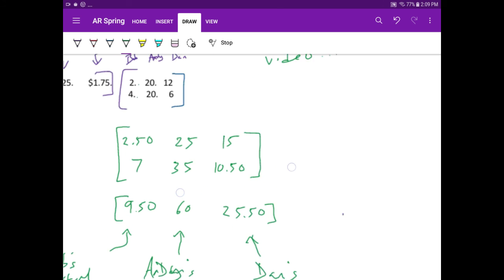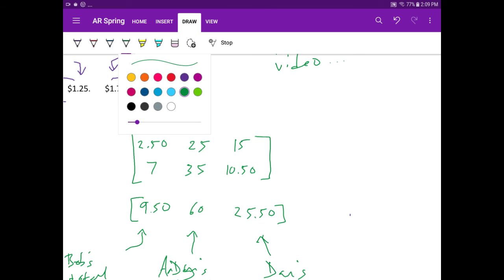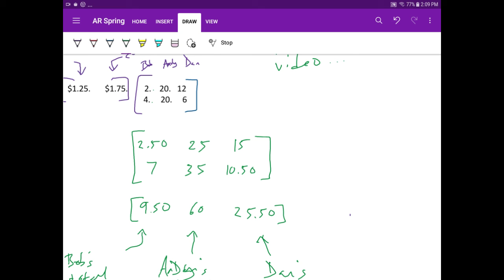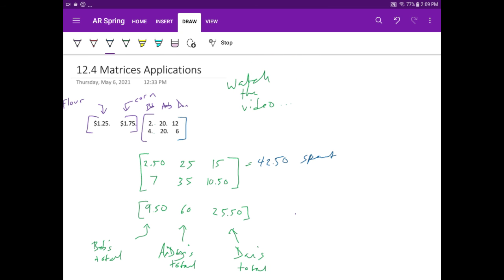Yeah, and you can also look at it this way. So you can have 2.5 plus 25 plus 15. So that's $42.50 spent on tacos with flour tortilla.